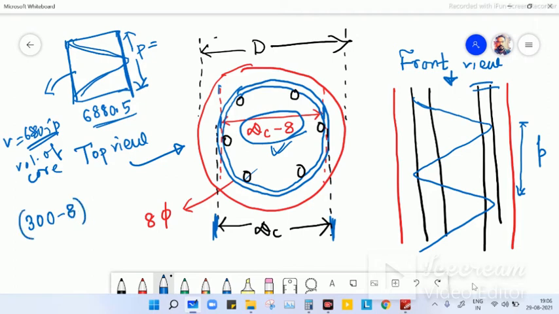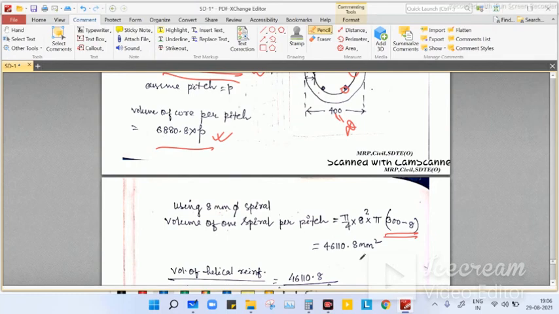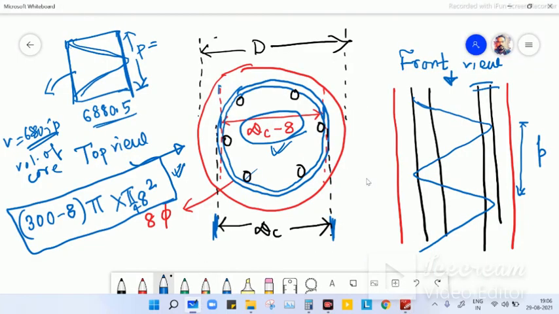This is the diameter. So length is (300 minus 8) into pi. When we multiply by the area pi by 4 into 8 square, we will find out the volume of one spiral per pitch. So (300 minus 8) into pi into pi by 4 into 8 square.